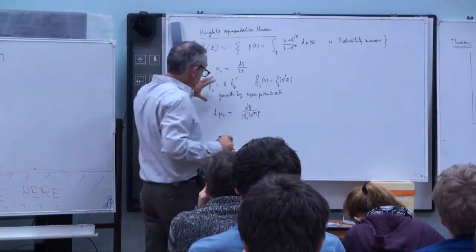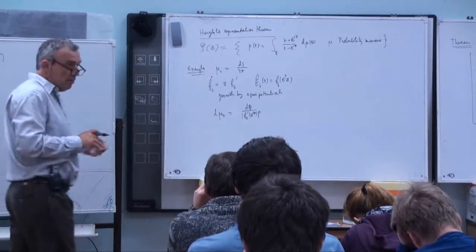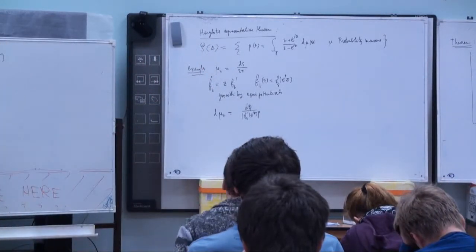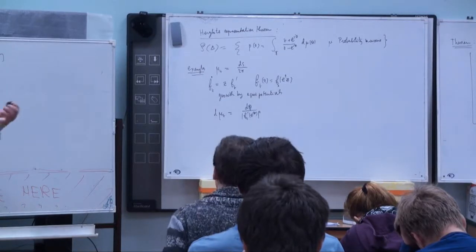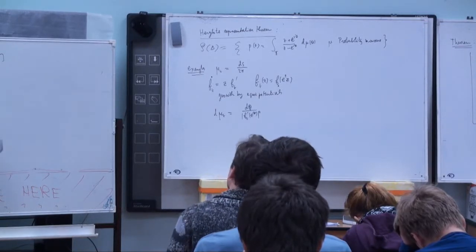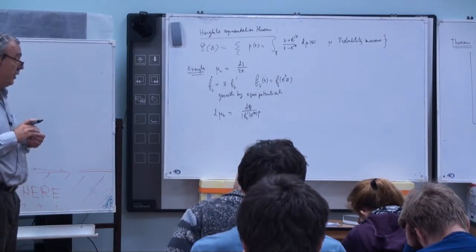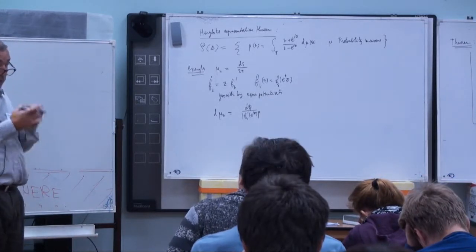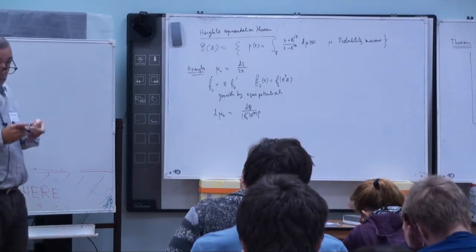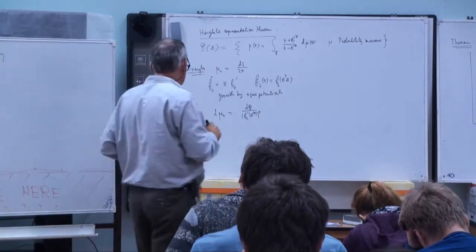Okay, so this is a very simple example where mu_t is actually absolutely continuous with respect to Lebesgue measure. Now, on the opposite, of course, is the case where mu_t is a Dirac mass. Okay, it's completely singular.